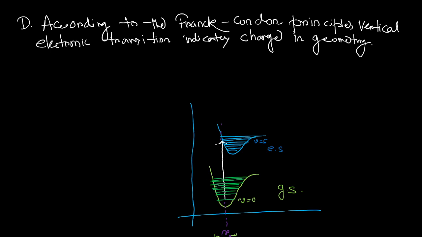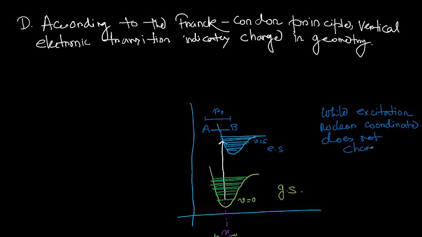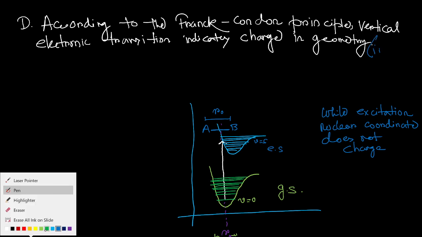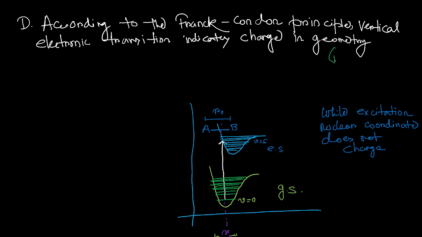The molecule AB has the bond distance R0, but the nuclear coordinate does not change during excitation, so the geometry does not change. So this option is incorrect.